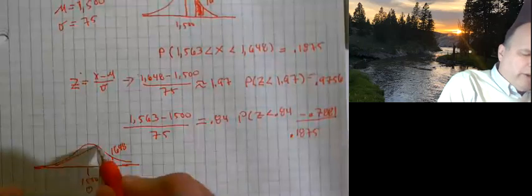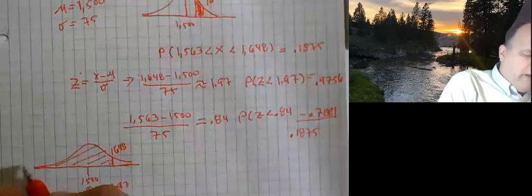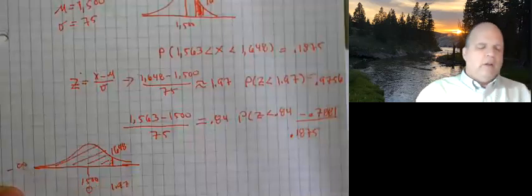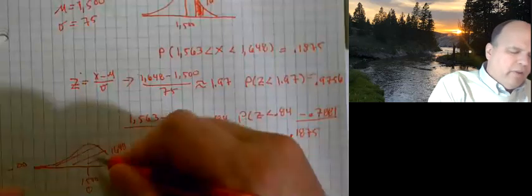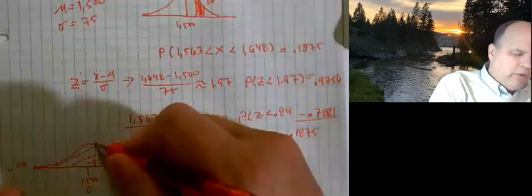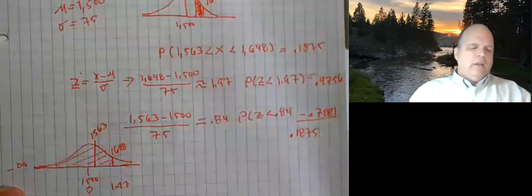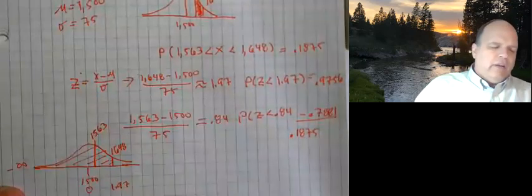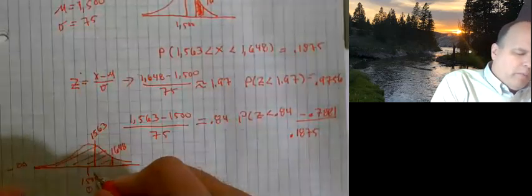So we found this area all the way back to negative infinity, but I really didn't want that. We also had the 1563, which let's just say was right there, and we calculated that z-score at 0.84.